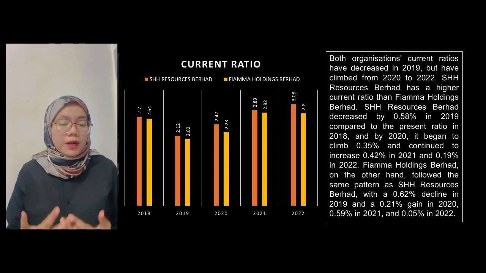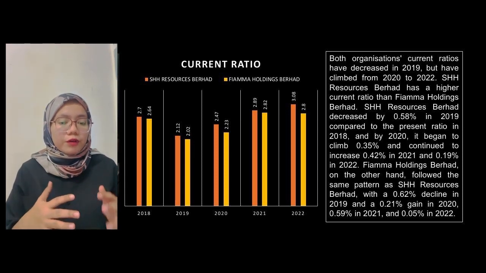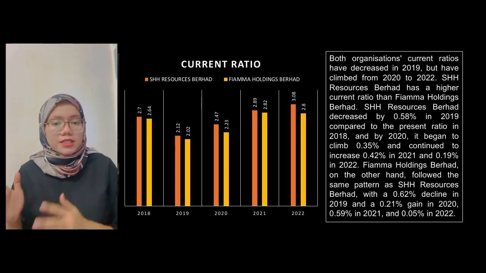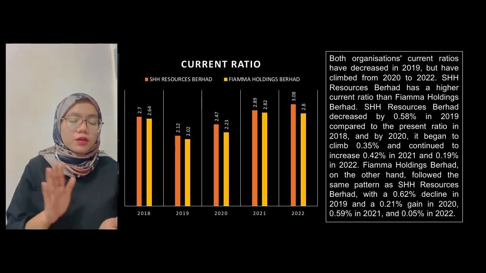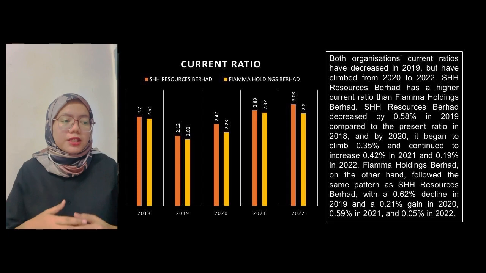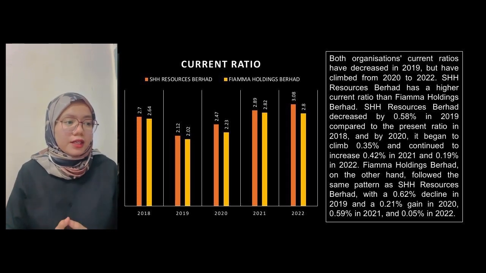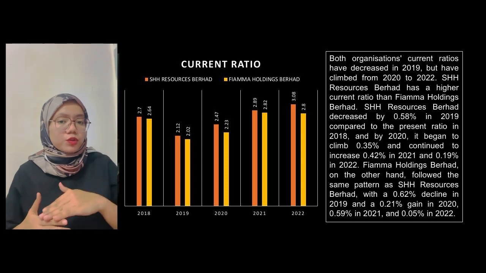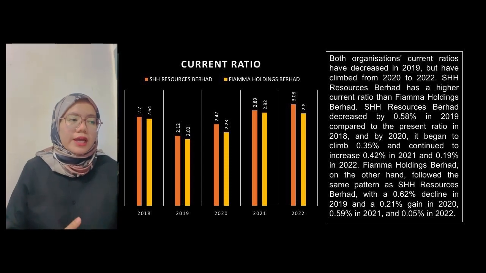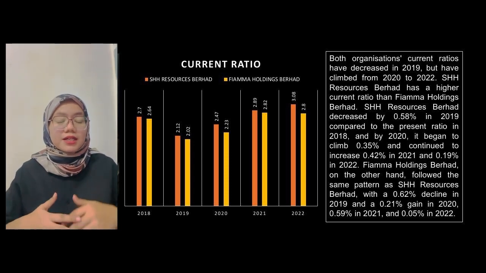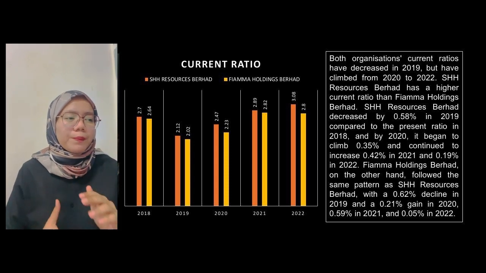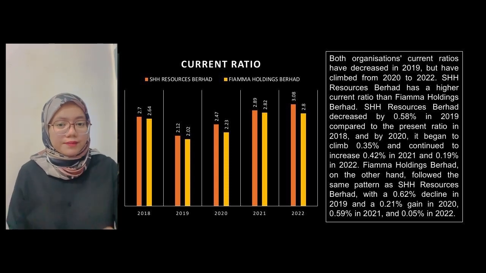From the bar graph, we can see clearly the difference of current ratio between SHH Resources Berhad and Fiamma Holdings Berhad. We can see that both organizations' current ratios decreased in 2019 but climbed up from 2020 to 2022. SHH Resources Berhad has a higher current ratio compared to Fiamma Holdings Berhad.